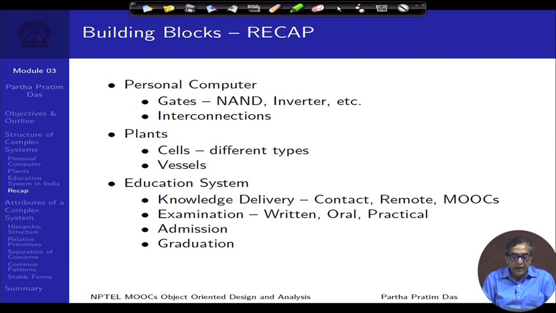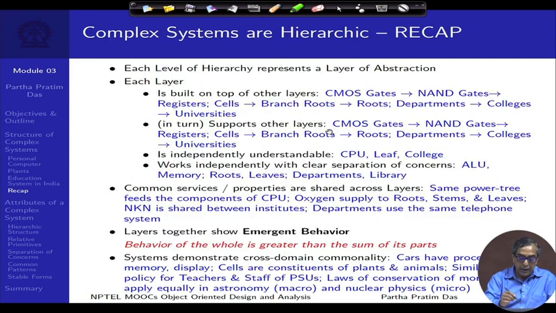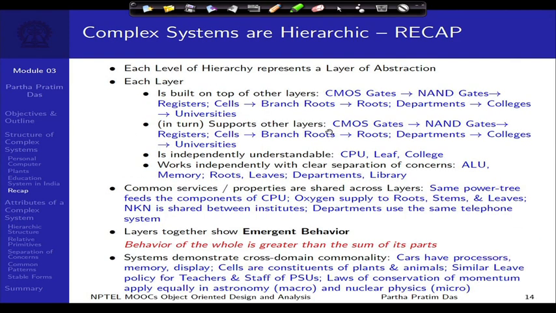Just to recap, we saw that every system has a few primitive building blocks, such as the personal computer, plant, and education system, and that complex systems are hierarchical and demonstrate a whole lot of properties which are independent of whether it is a man-made system, a natural system, or whatever kind of system.